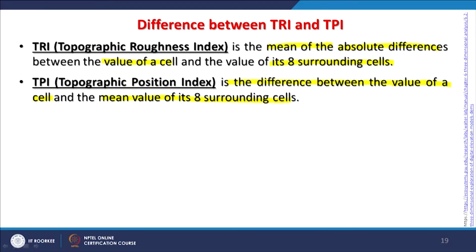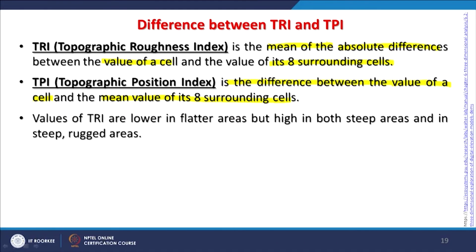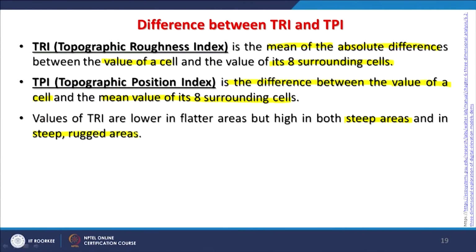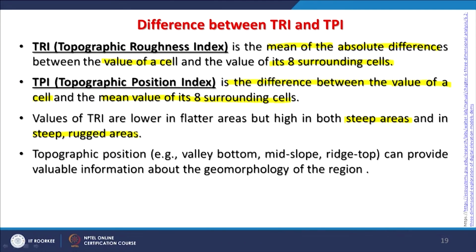So, either one is taking the mean of the center value, or the other is taking the mean of the difference value, and then these two indices can be derived employing a digital elevation model, which can be very useful for identifying steep areas, steep roughness or rugged areas, and you can give some quantities instead of qualitative analysis.